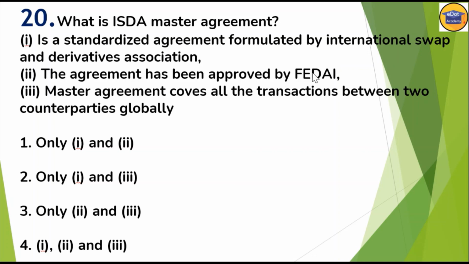Okay, so this agreement has been approved by FEDAI, Foreign Exchange Dealers Association of India. Third option, the master agreement covers all transactions between two counterparties globally. So all are correct here regarding the ISDA. So option 4 is correct here.